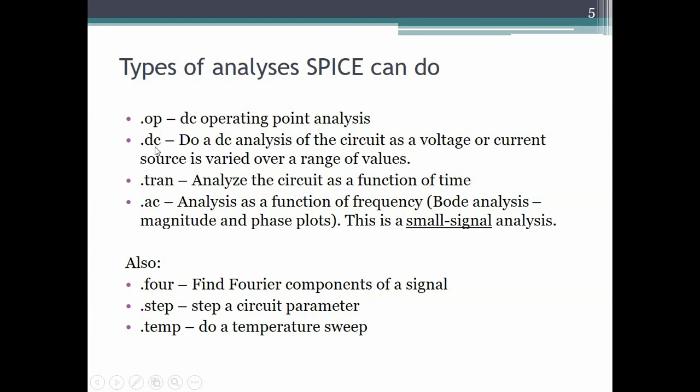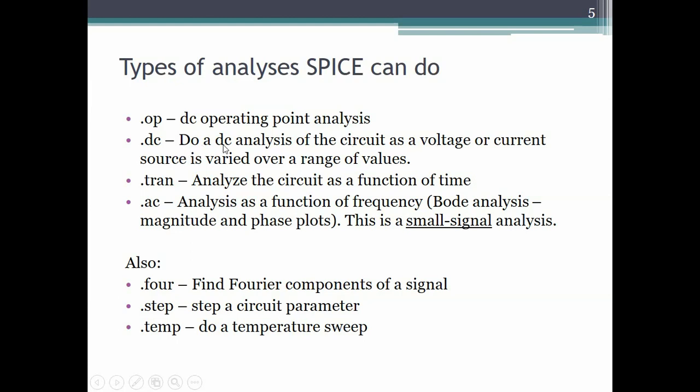.dc is an analysis in which you vary a certain current or voltage source value over a range, let's say some gate voltage from 0 to 5 volts over steps, and then you tell SPICE to do a DC analysis.